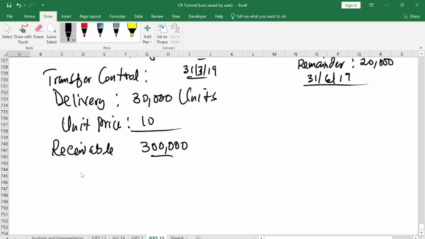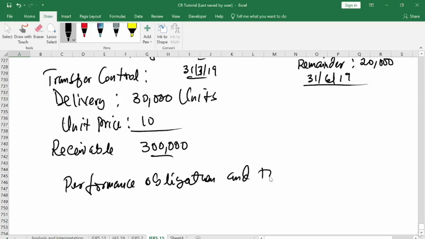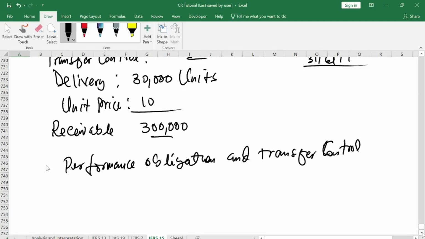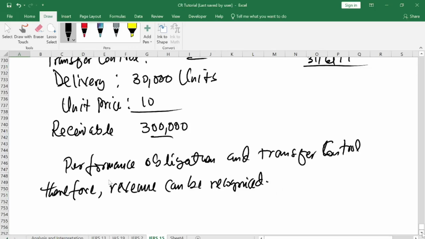You've delivered. What has happened? Two things have happened: the performance obligation is satisfied and transfer of control of the goods has happened. They've delivered it, so therefore revenue can be recognized in this instance.